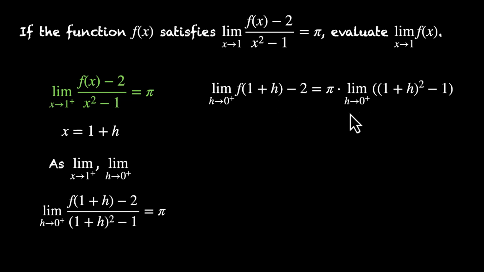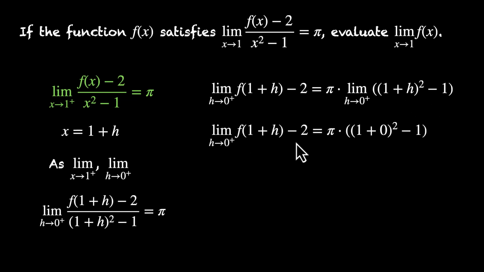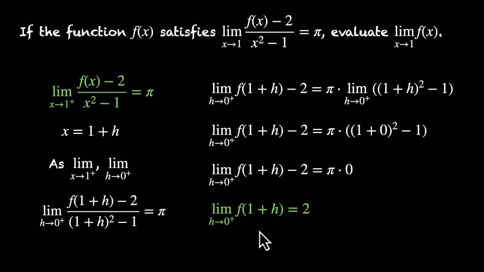This is a polynomial, we can replace h by 0. This is giving f of (1 plus h) minus 2 on the left hand side equal to pi times (1 plus 0 square, that's 1, 1 minus 1 is 0). So we're getting again 0 on the right hand side. Taking 2 to the other side, we get the right hand limit at 1 equal to 2. So the right hand limit at x equals 1 is also equal to 2.